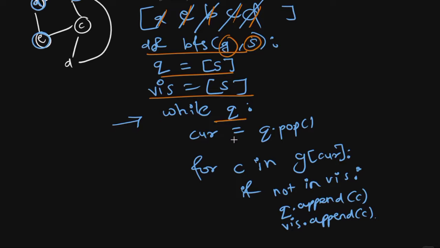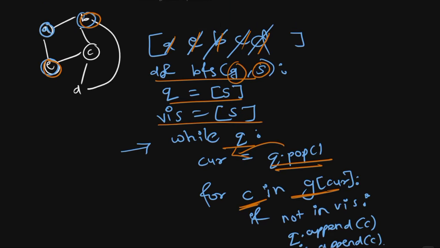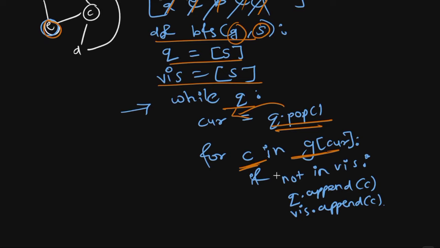But if the queue has some elements, we will pop the first element, put it in current, then loop through all of the children in current. So we will go to E and B. If they are not visited, then we append to queue and append to vis, and the loop will continue. It will check the queue again, and this would work.